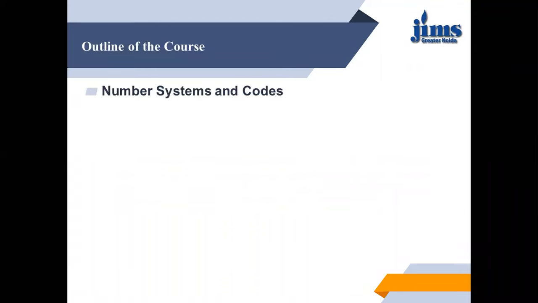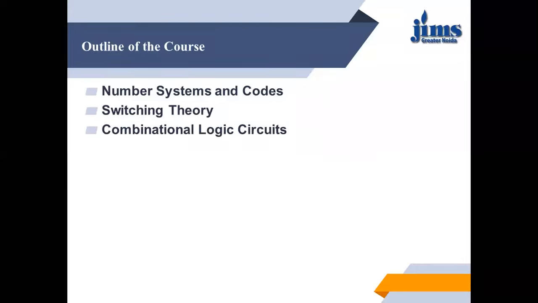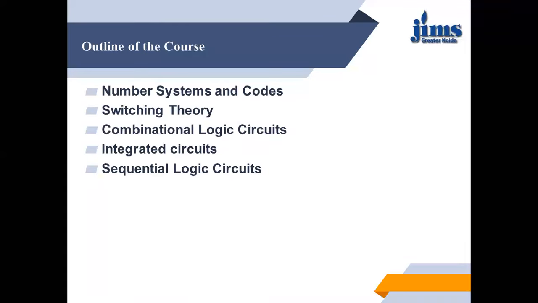Now, the outline of the course, what we are going to study throughout this semester. The first is number systems, number codes, switching theory, combinational logic, then integrated circuits, your ICs, sequential logic circuits where we store data like memories, counters, shift registers.